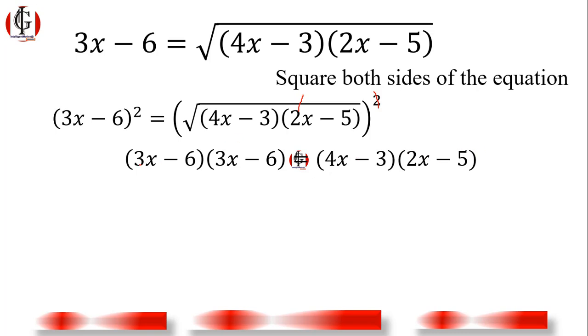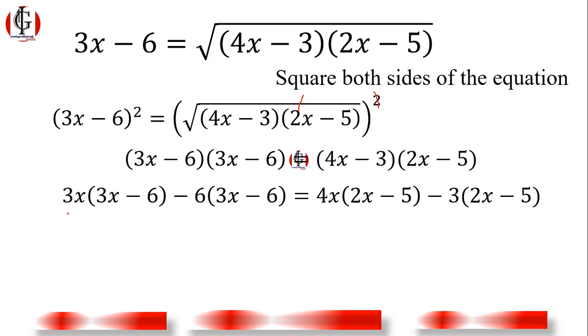So let's open the bracket as usual. So we are going to have 3x minus 6 into 3x minus 6, equals 4x minus 3 into 2x minus 5. So 3 times 3 is 9x squared. 3x times minus 6 is going to give us minus 18x. Minus 6 times 3x is going to give us minus 18x.